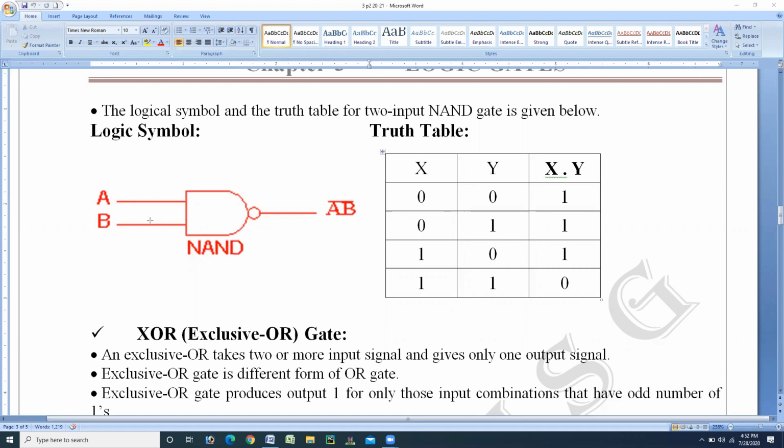In the diagram, A and B are given. In the truth table, instead of A and B, I will take X and Y as the two inputs, and X dot Y whole complement as the output. So we'll remove this, then write that.